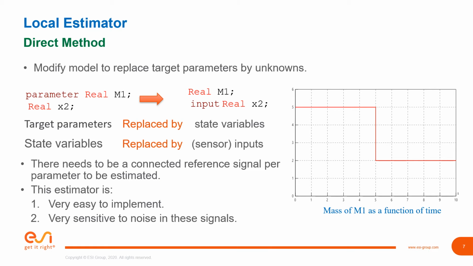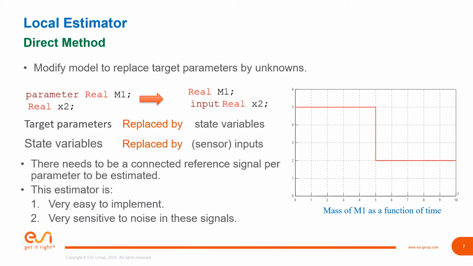Like here, we need to estimate the M1, so we change it from parameter to variable. So we have, in this case, an unknown, and we can see here we have displacement as unknown, but because we record the data, we can make it input, and in this case it will be known. So we kept the same number of unknowns and the same number of equations.